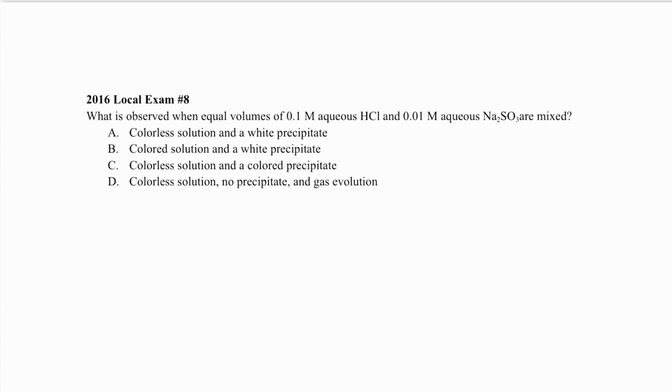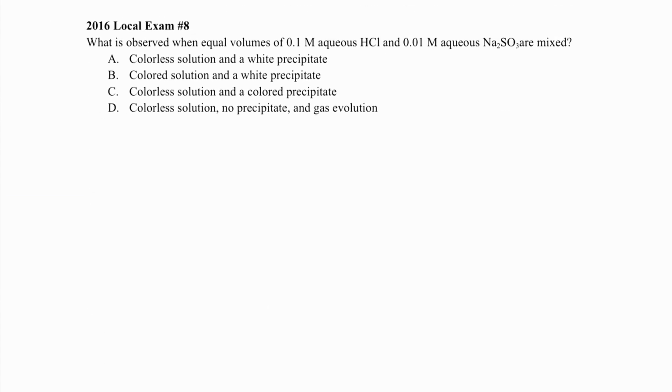Alright, let's go to question 8. What is observed when equal volumes of 0.1 molar aqueous hydrochloric acid and 0.01 molar aqueous Na2SO3 are mixed? Let's just write out the reaction that's happening. Hydrochloric acid is reacting with Na2SO3.